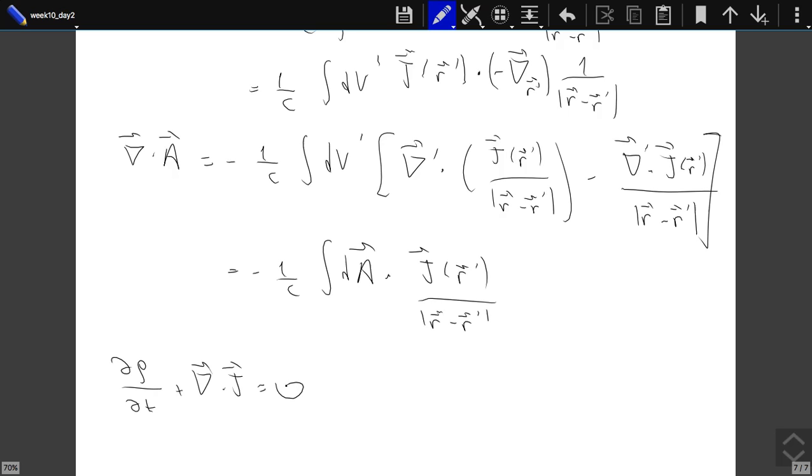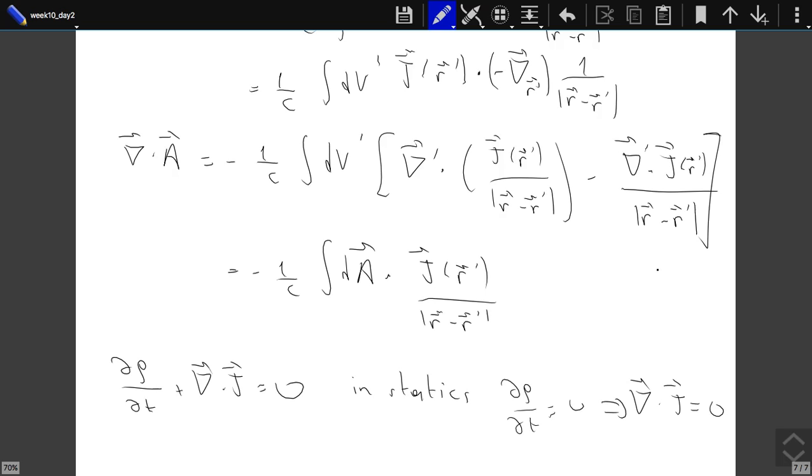This is the conservation of electric charge for any phenomena. In magnetostatics, del rho by del t is equal to 0. Nothing changes in time. So this basically tells me that the divergence of the current density should be 0 in any static problem.